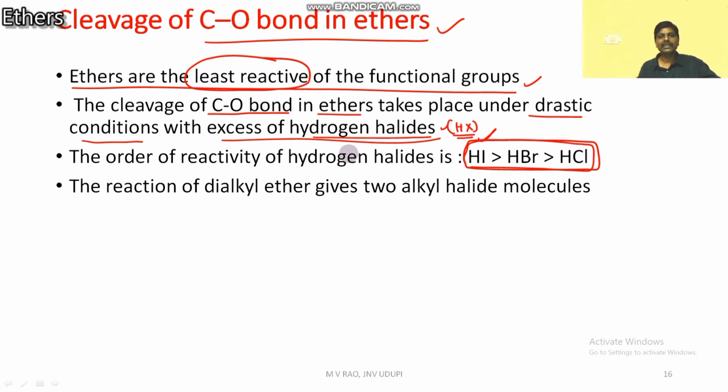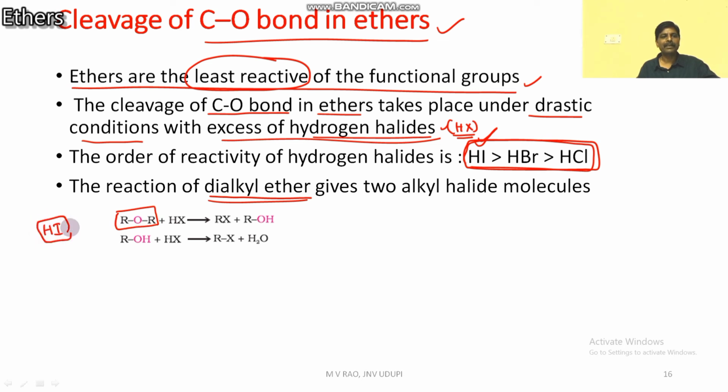Now here we are discussing reaction of dialkyl ether with HI. It is a dialkyl ether. Here I take an HX, that means mainly HI. It gives first RX and ROH. This ROH again reacts with HX and gives RX. So what is the product here? 2 moles of alkyl halide.